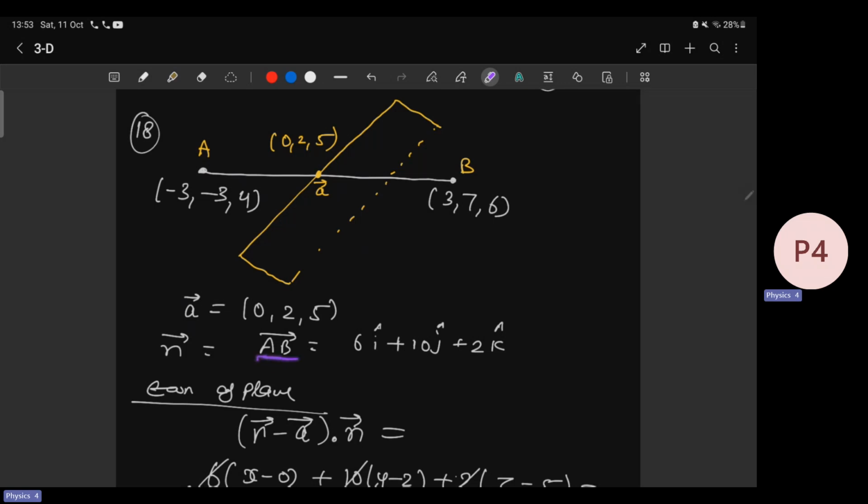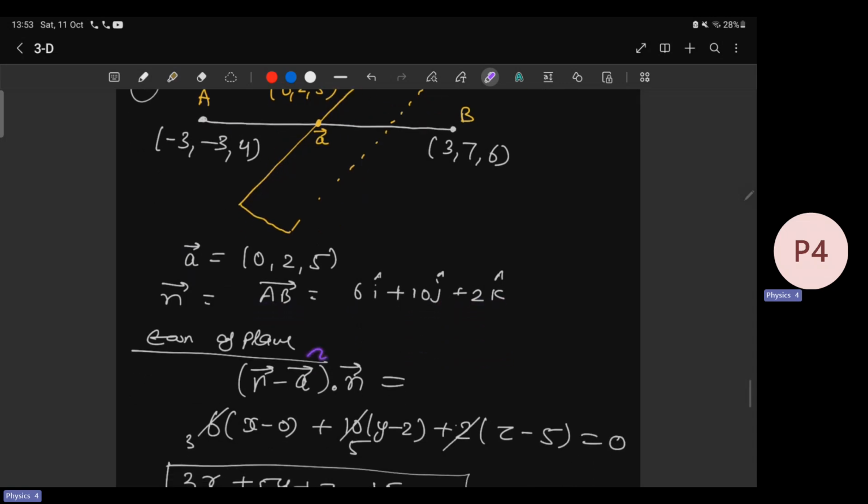So this is the normal to the plane, 6i cap plus 10j cap plus 2k cap. AB vector is this. Now we know a point on the plane and the normal to the plane. We can easily write the equation of the plane, that is (r minus a) dot n vector equals 0.